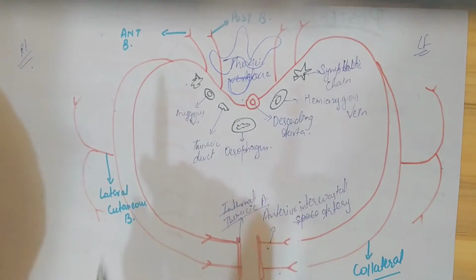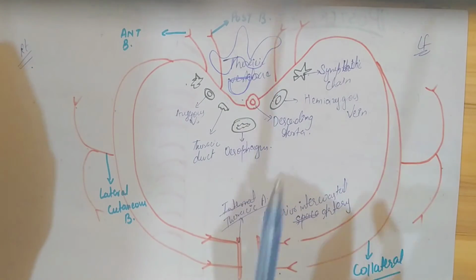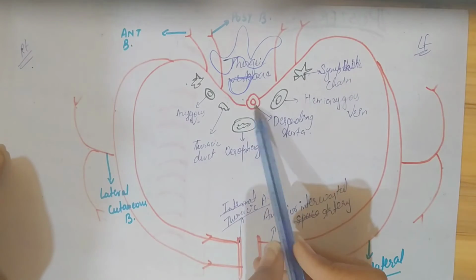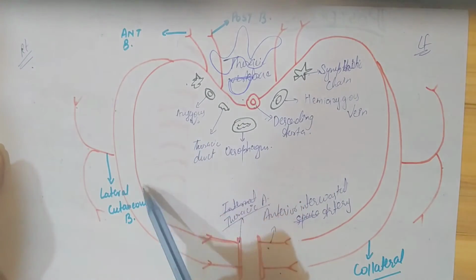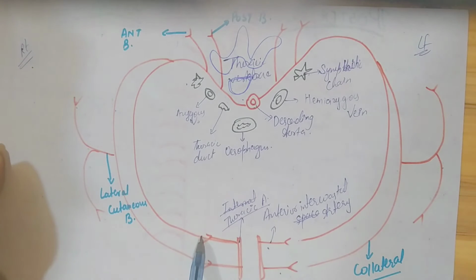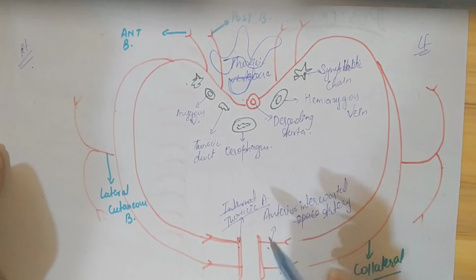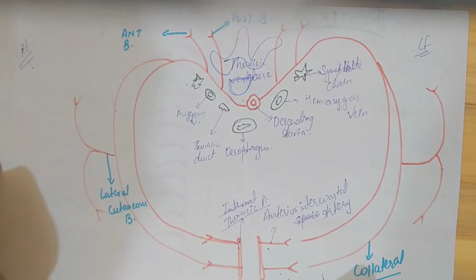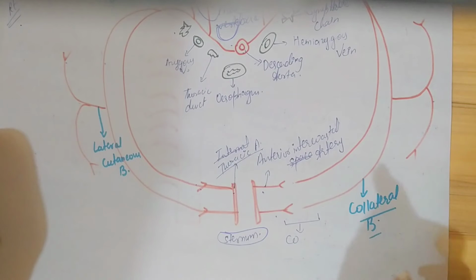Then 90% of the intercostal space is supplied by the posterior intercostal artery, as it has more course than the anterior ones. The anterior one only arises from the internal thoracic artery and then anastomoses with the posterior intercostal artery at the costochondral junction. So this one is the costochondral junction.